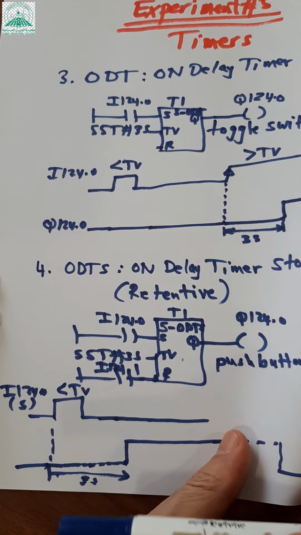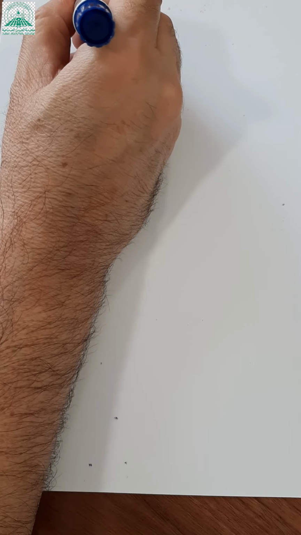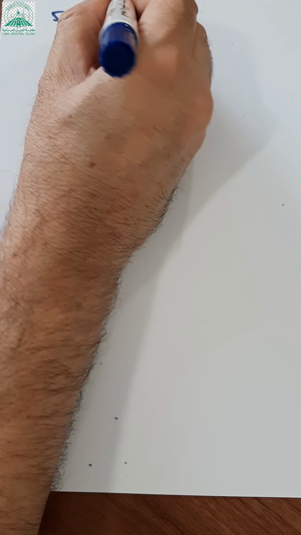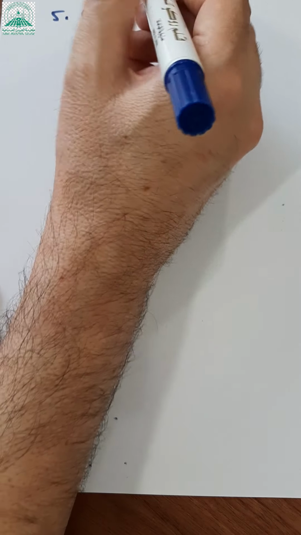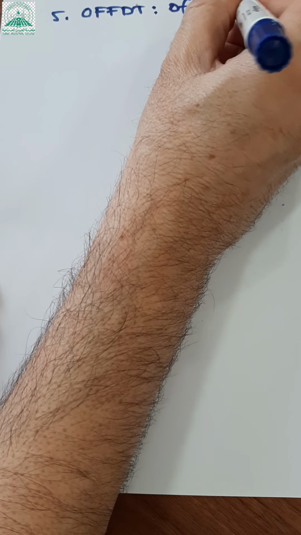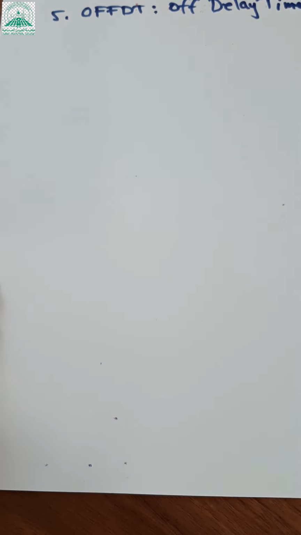Now we will continue with the fifth type of timer, which is the off delay timer, the SF timer, or off delay timer.